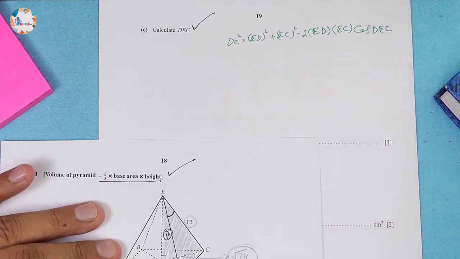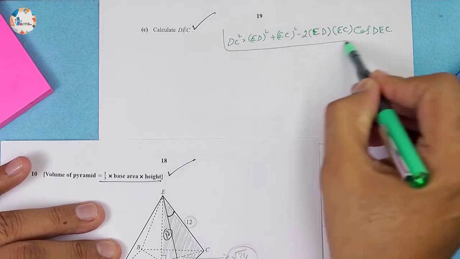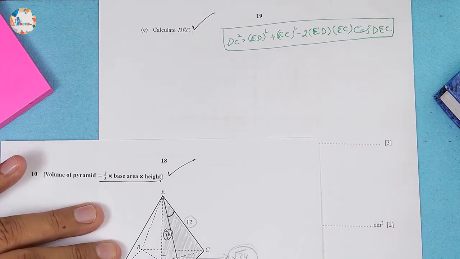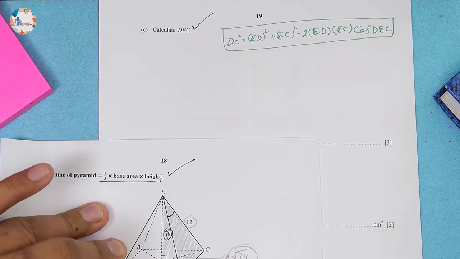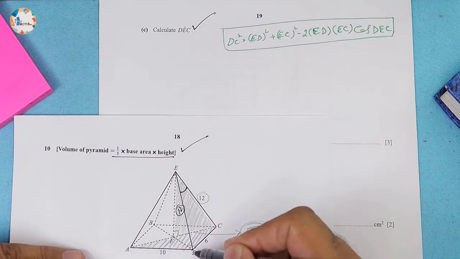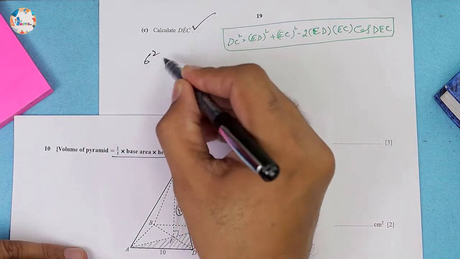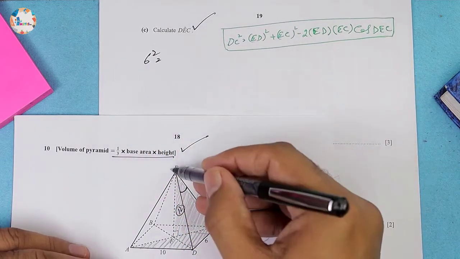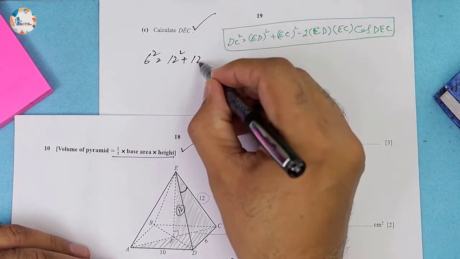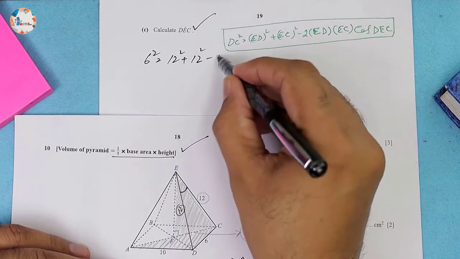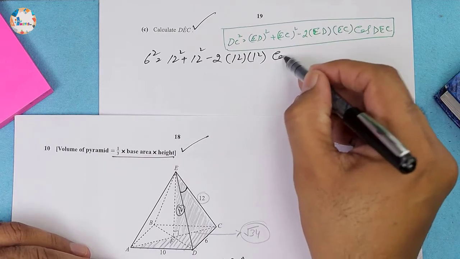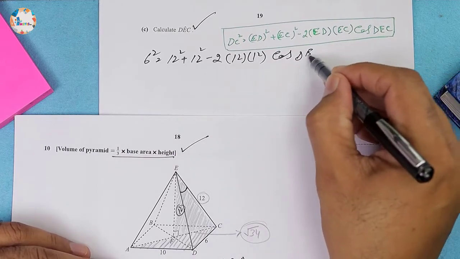This is known as cosine rule, and we will be replacing the values. DC is 6, so 6 squared is equal to ED, which is 12, so 12 squared, plus EC is also 12, so 12 squared, minus 2 into 12 into 12, and cos of angle DEC.